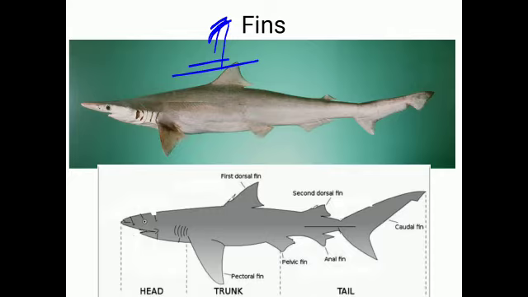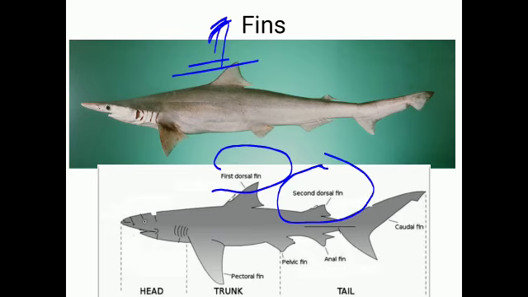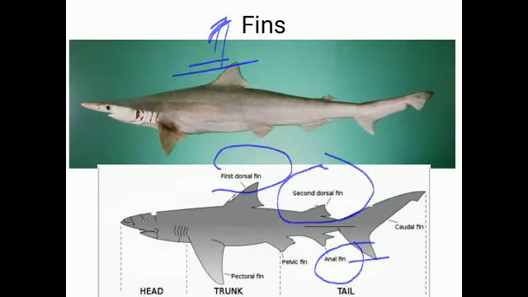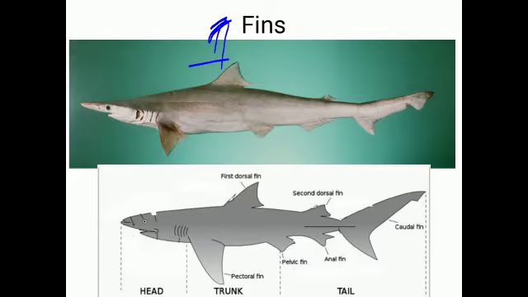The unpaired fins are the dorsal fin, the second dorsal, the anal fin which is the ventral fin, and the third is the caudal fin. These are unpaired fins. If we talk about paired fins, there are two: pectoral and pelvic.